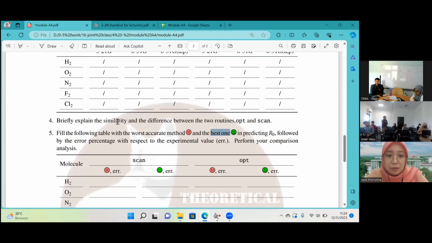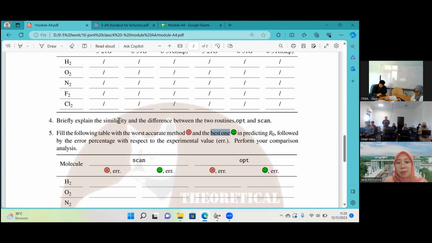And the fourth one, maybe you can capture the plot and then you can list what is the similarity and what is the difference. Or you can make the table. It's up to you, table or matrix, to list the similarity and the difference between two routines, OPT versus scan.